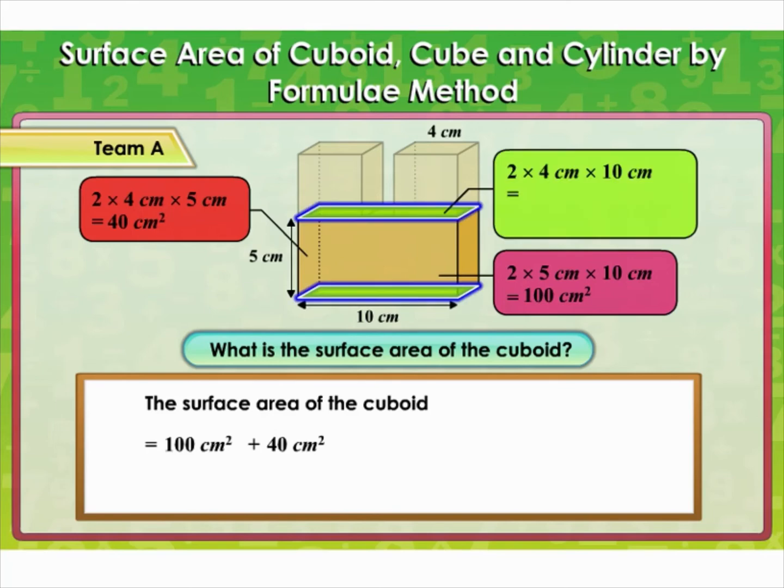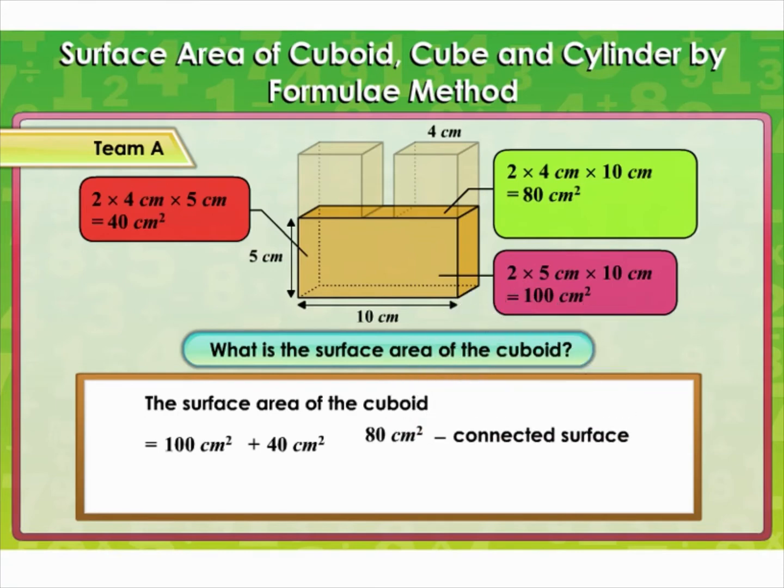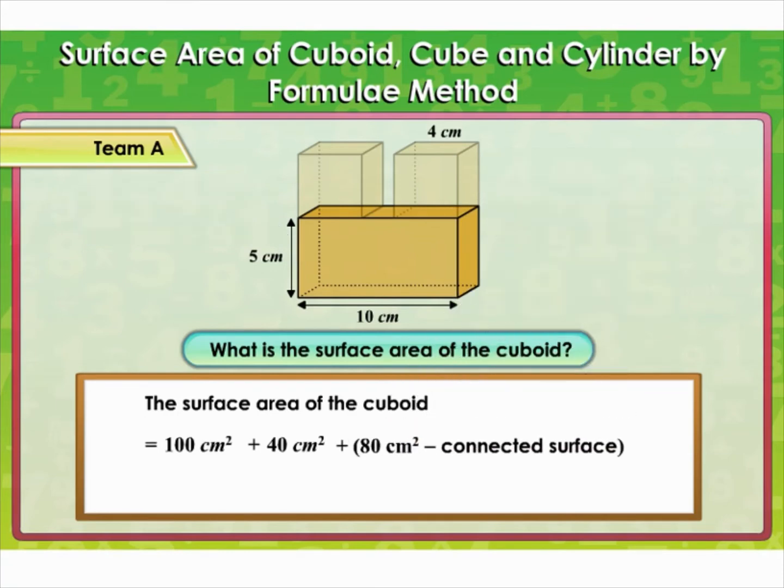And 2 times 4 centimeters by 10 centimeters, and subtract the connected surface. How do we subtract the connected surface? Yes, we find the surface area of the connected cubes.